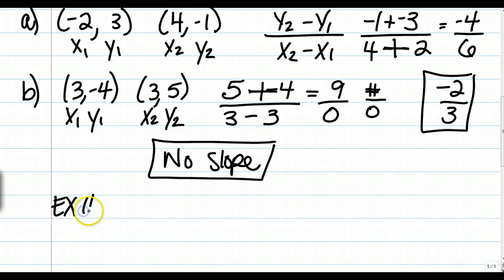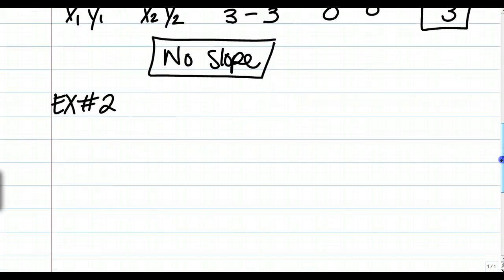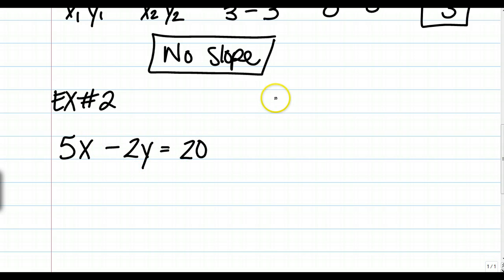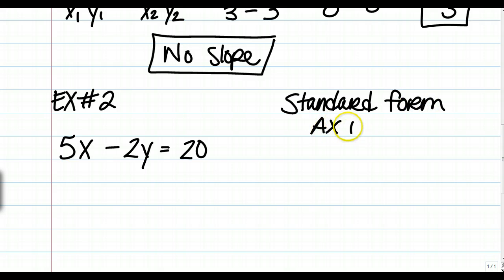Example number 2. If I ever gave you an equation in standard form, just so you know, that is when you have an equation that looks like this: Ax plus By equals a number.